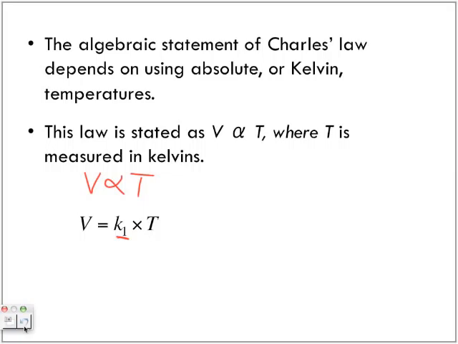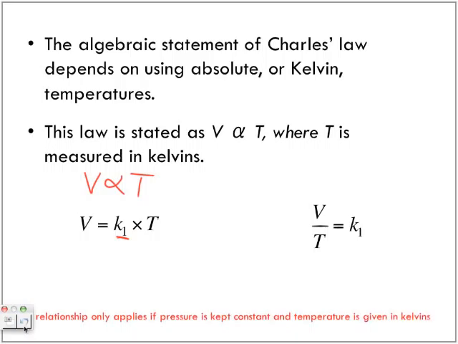Okay, and when we rearrange this equation, we rearrange it as the following, where our constant is equal to volume over temperature. This relationship only applies if pressure is kept constant and the temperature is given in Kelvin. If the temperature is given to you in degrees Celsius, convert it to Kelvin. And you'll see that when we go through some of the sample problems.